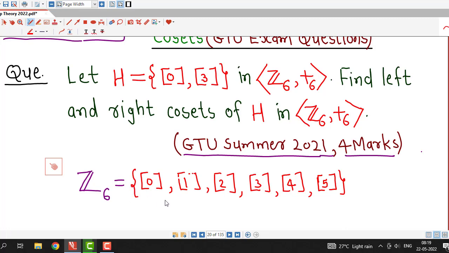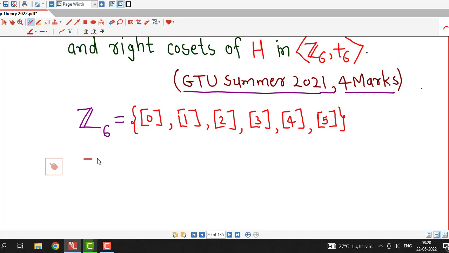So this is Z6 having 6 elements, starting from equivalence class 0 to equivalence class 5. And we know that Z6 under addition modulo 6 is abelian.